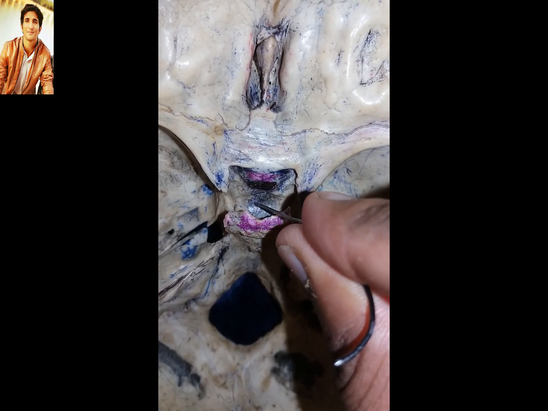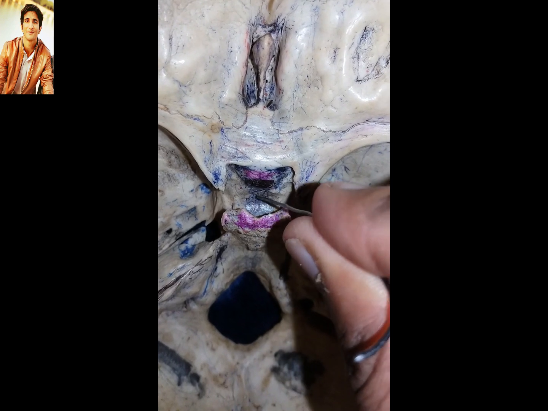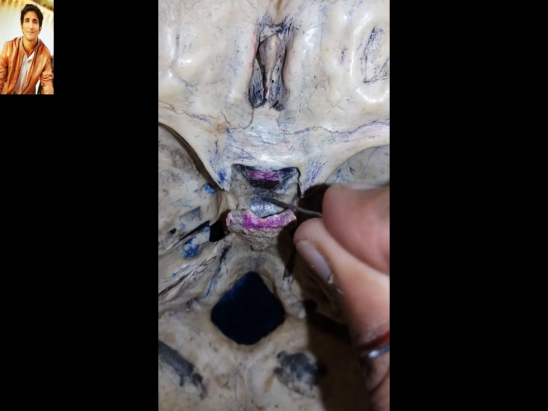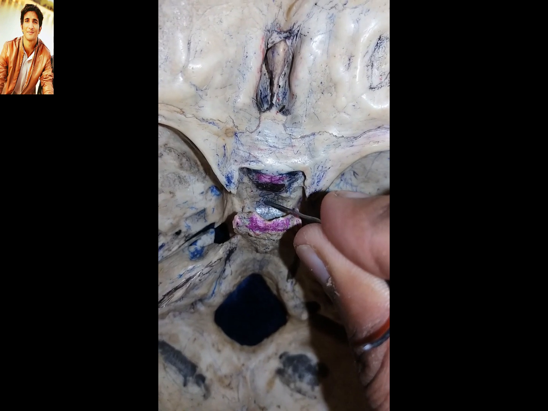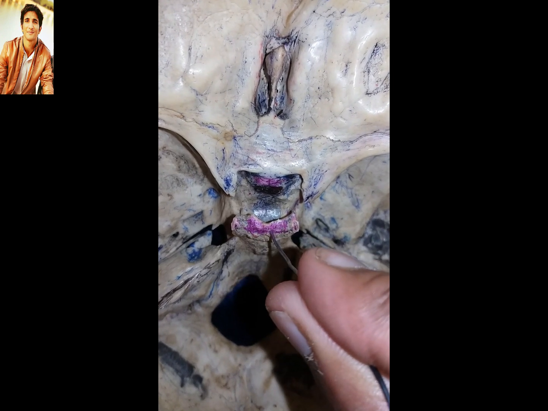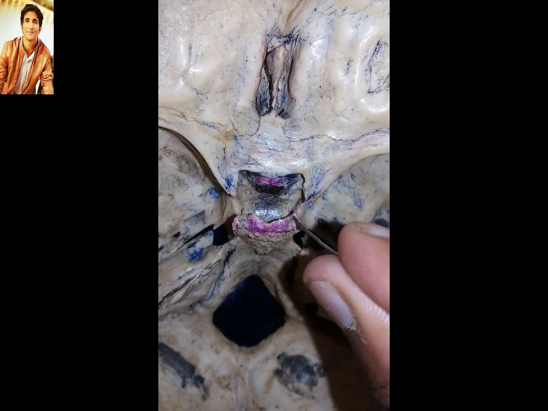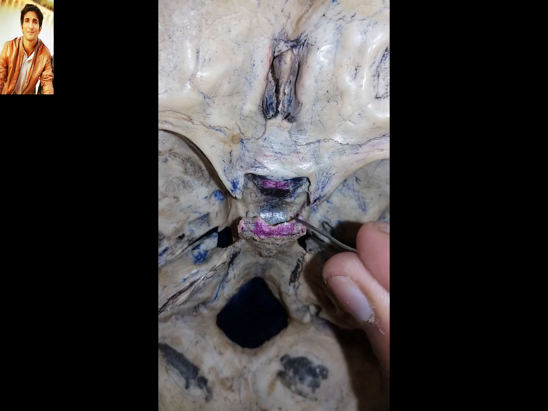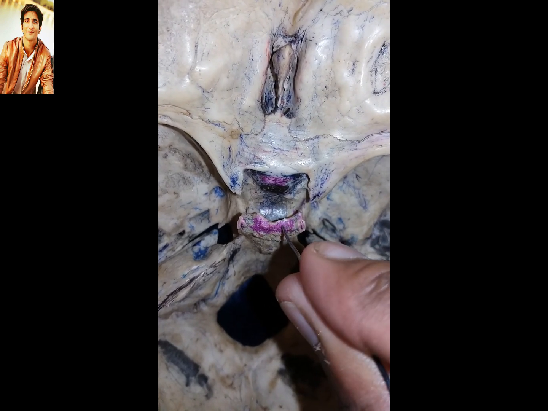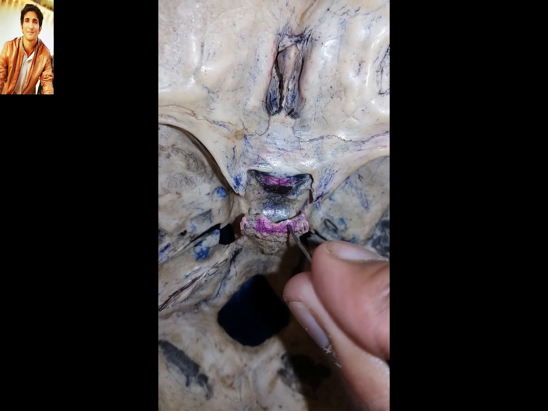This hypophyseal fossa is very important because it lodges the pituitary gland. Just posterior to the hypophyseal fossa there is a square bony projection named the dorsum sellae.